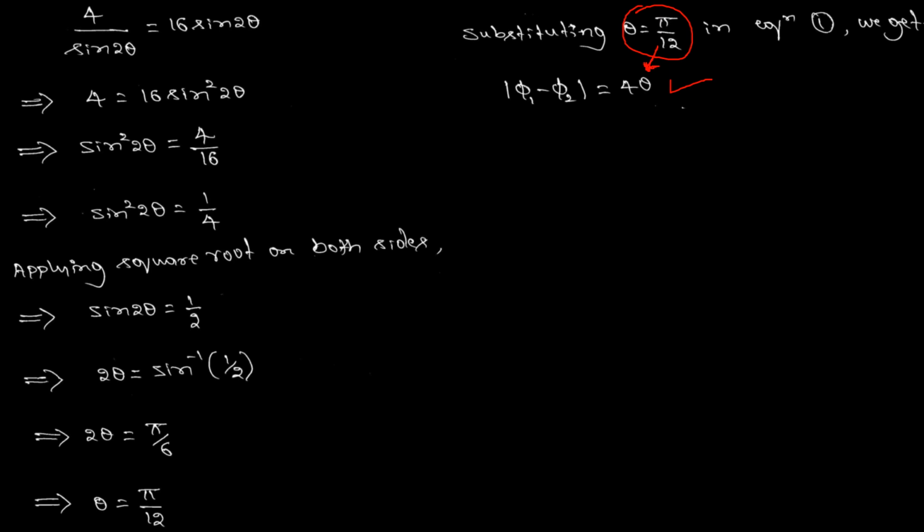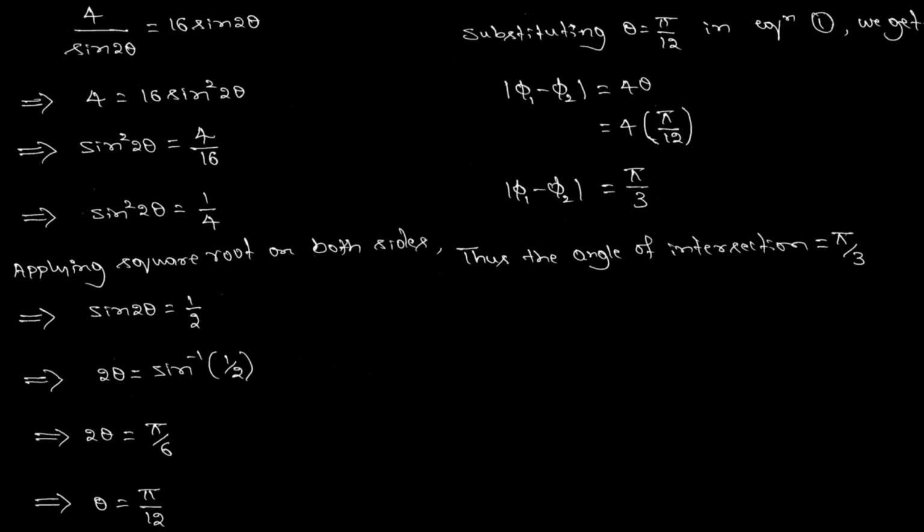Yes, we have substituted the value of theta here. Again cancellation will happen. 4 1s are 4, 3s are 12. So this is the angle between the two curves. Thus the angle of intersection is equal to pi by 3. Pi by 3 is nothing but 60 degrees.